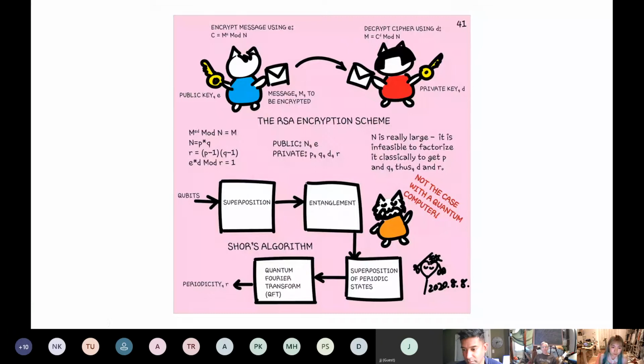What it relies on, as we have seen repeatedly in a lot of quantum algorithms, is entanglement of different states and superposition. In this case, we also saw the new thing I introduced last week, the quantum Fourier transform.